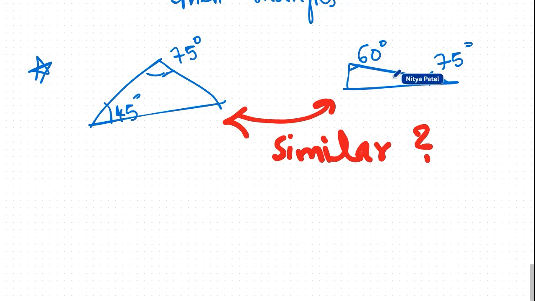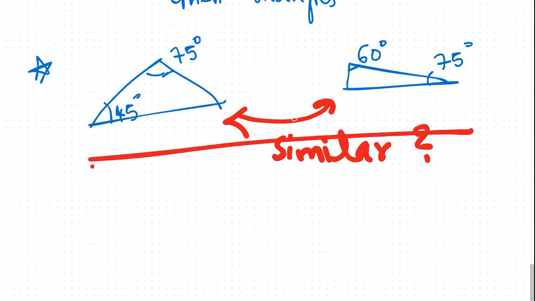Similar meaning the angles on each side are the same, right? Compare them. These two would have to be the same, and the other two would have to be the same. Did you already find one pair of equal angles?